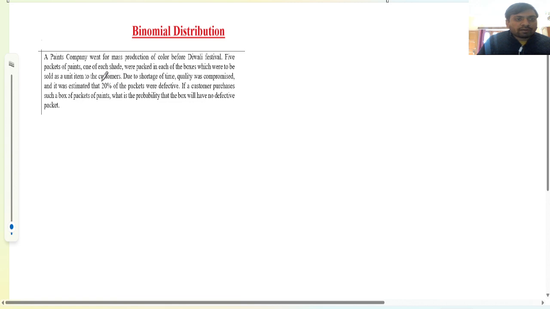So there is one probability, this 20%, this is the probability of defect. So P equals the probability of defect, and that is 20%, or we can say 0.20. And if the probability of defect is 0.2, then the probability of not defect is Q equals 1 minus P, because P plus Q is equal to 1.